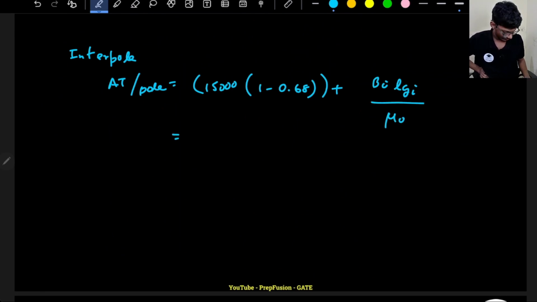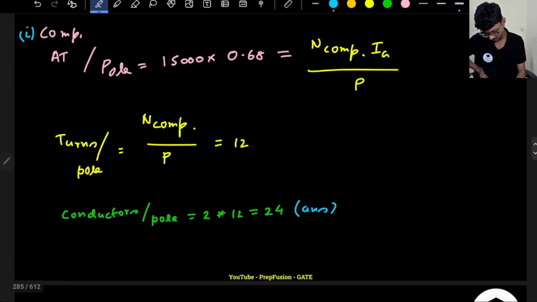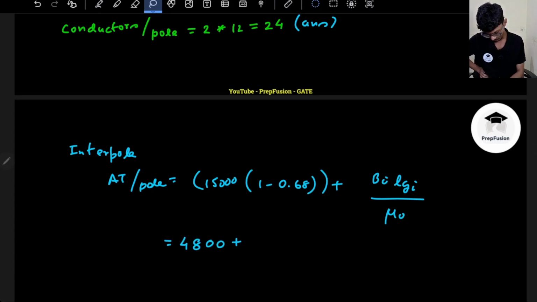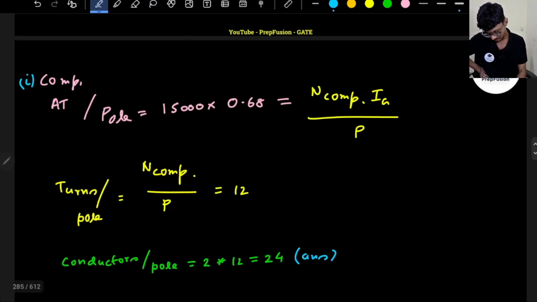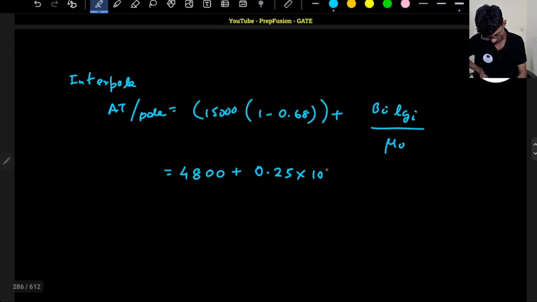So this will be 15,000 into 1 minus 0.68, which is 4800, plus Bi is 0.25 Tesla into the air gap length 10 raised to power minus 2, divided by mu naught, which is 4 pi into 10 raised to power minus 7. This is the ampere turns per pole.